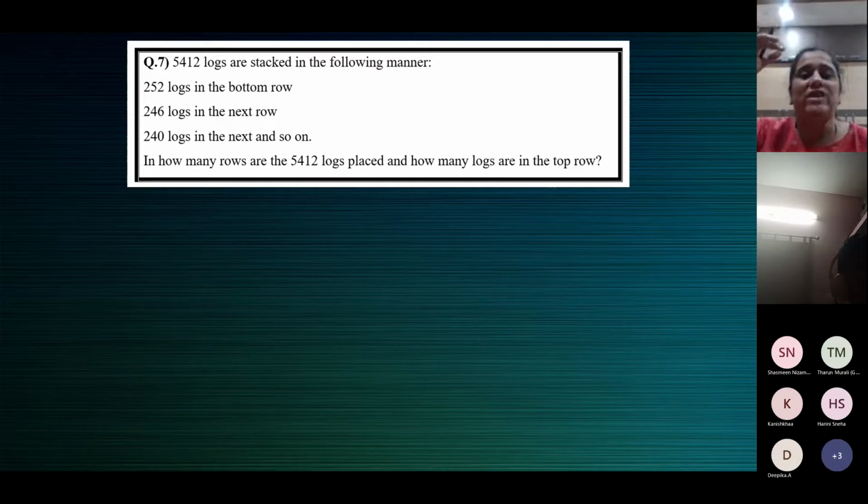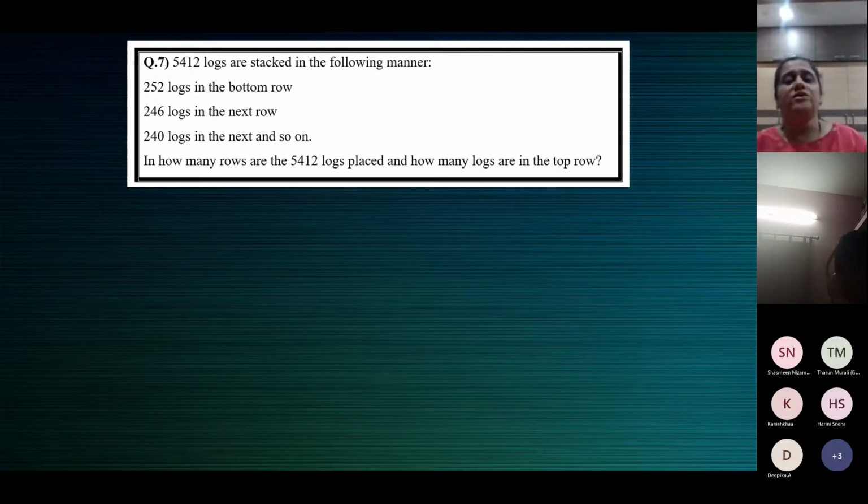The topmost row will have the least number of logs, and the bottommost will have the maximum. I can't draw, so I don't want to try. You can see the figure in your textbook, NCERT, the last exercise before the optional exercise, I think.